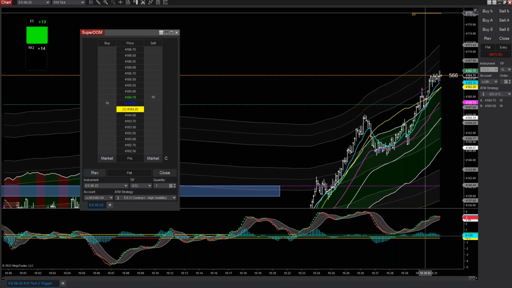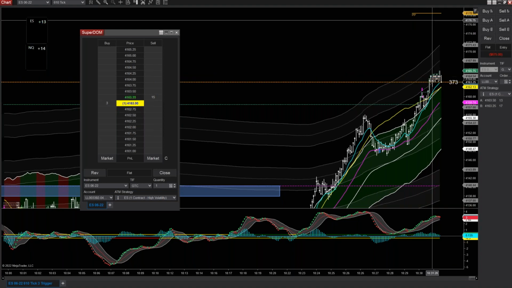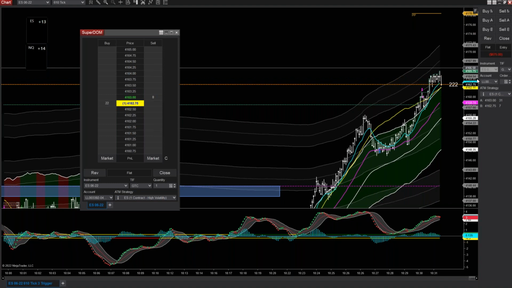Looks like the target will be up here, one of the pivot points. Let's see if we can get an entry somewhere.